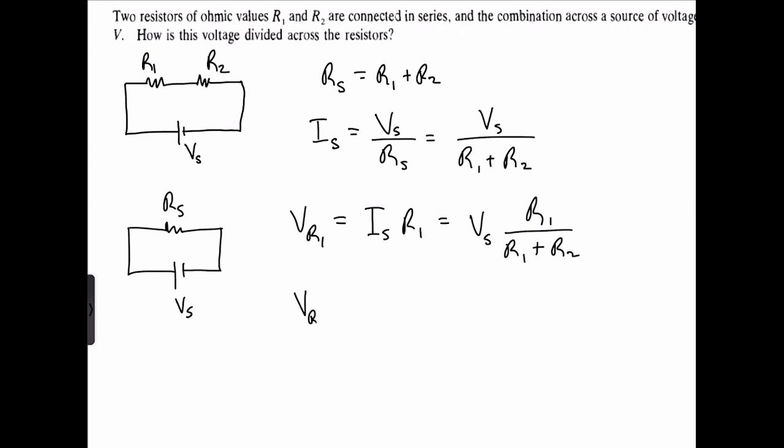We see that VR2 is equal to IS times R2, which is going to be Vs times R2 all over R1 plus R2. So again, the targeted resistor, the voltage across R2, we maintain that same resistor in the numerator.